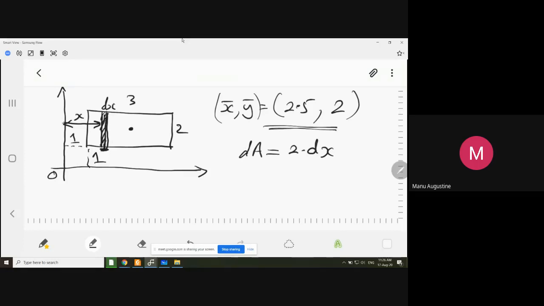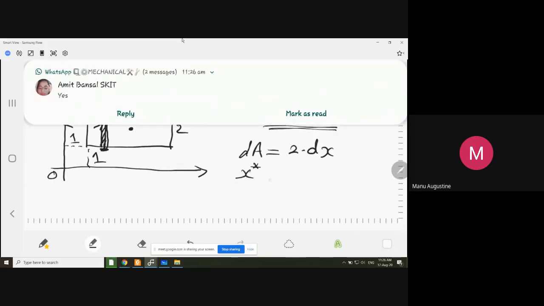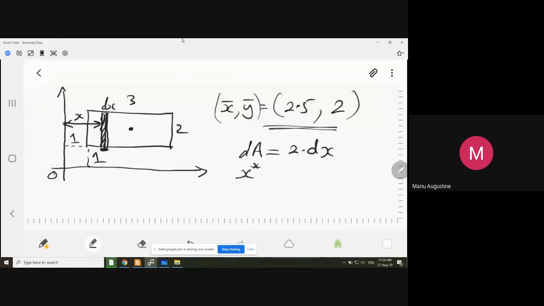What is x star for this area? x star for this area is the distance at which the strip is located from the y-axis, because the centroid of the strip will be somewhere around here. We are trying to find the x distance of the centroid. And since this is a vertical strip, the x distance of this centroid will be nothing but the distance of the strip itself from the y-axis.